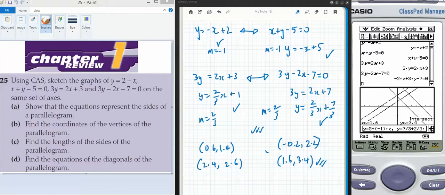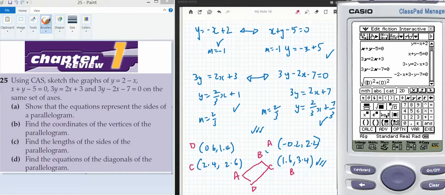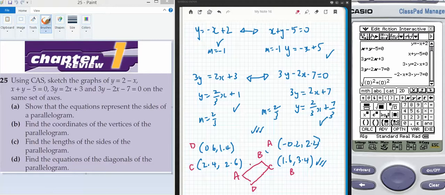Now, how do I find lengths of sides? Okay, part C says find the length of the sides of the parallelogram. So here is my parallelogram. The length of the side from A to B is the same as that length there. And the coordinates of A is this, and the coordinates of B is this.